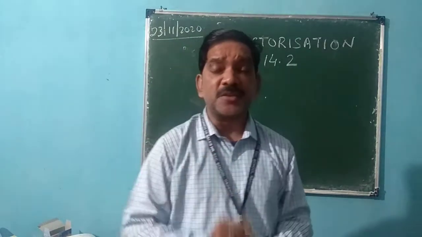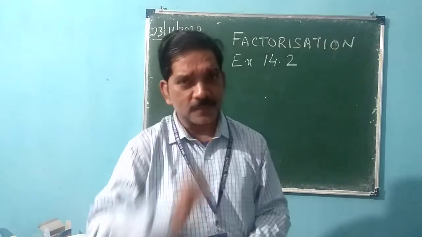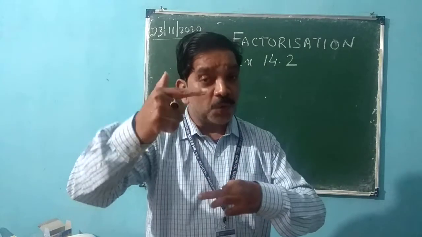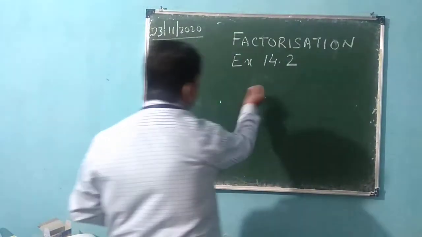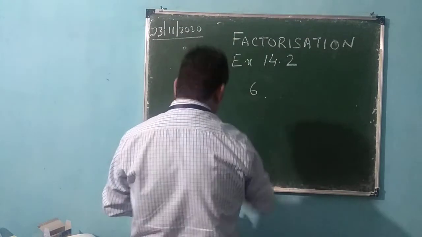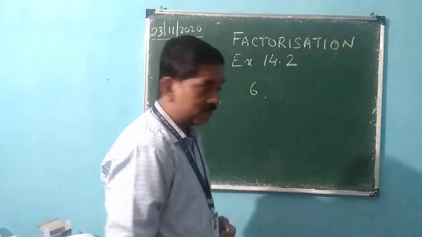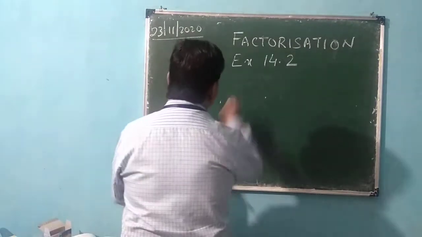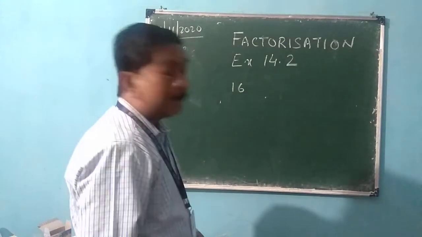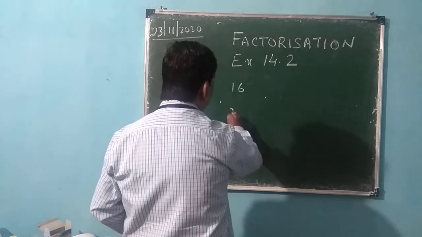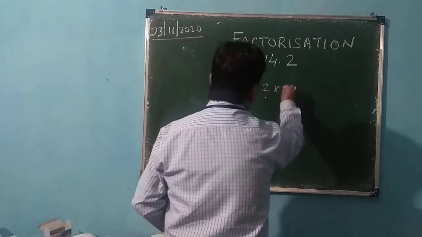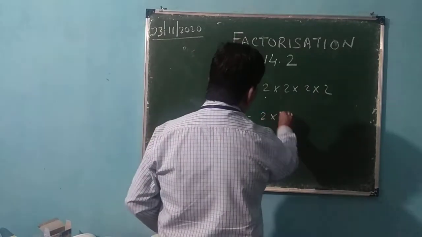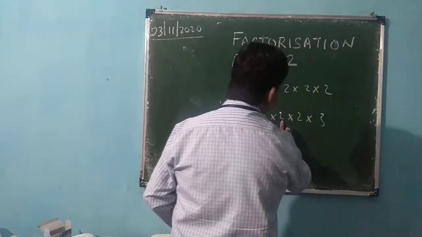Correct? We also studied about the common factors. Common factors means there are two numbers whose factors are the same. For example, if I write 16 and then if I write 24, so this means 2 into 2 into 2 into 2, and here it is 2 into 2 into 2 into 3.